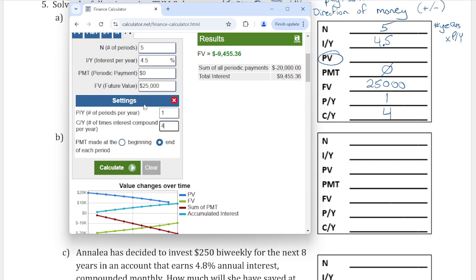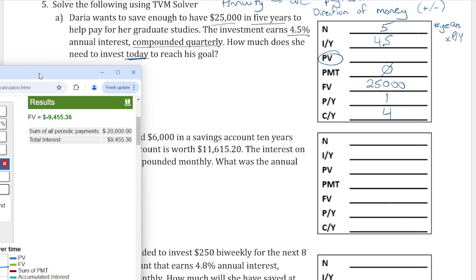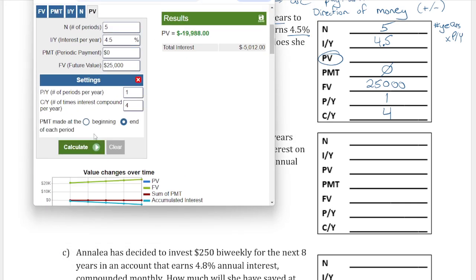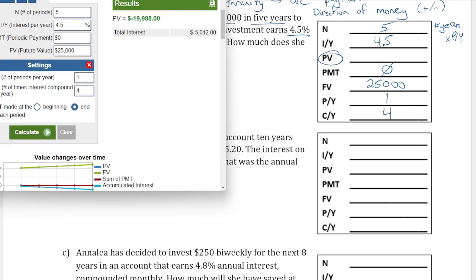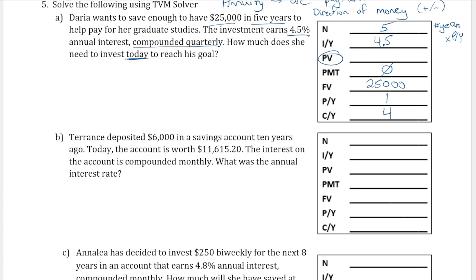Compounding per year is 4 because it compounds quarterly. We'll calculate, and she would need to invest almost $20,000. So PV equals $19,998. So that's how much they would have to invest today.